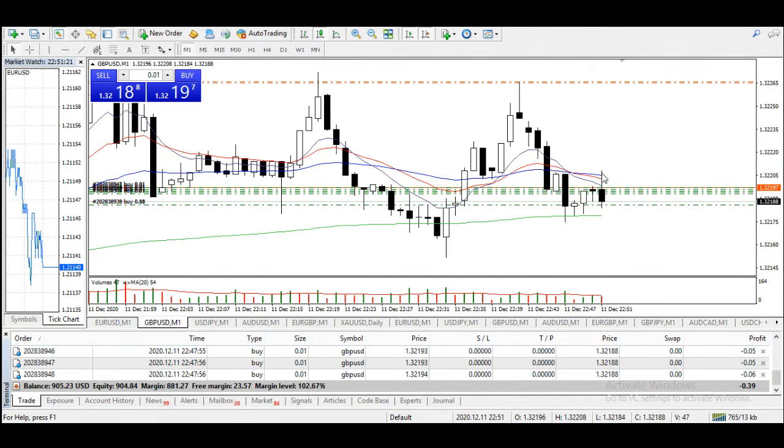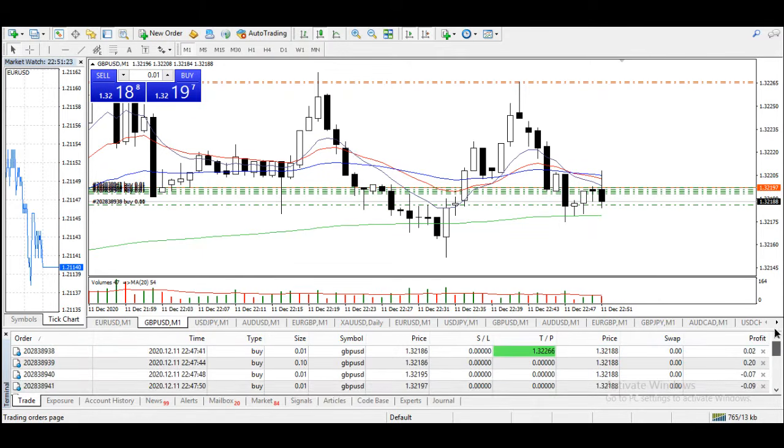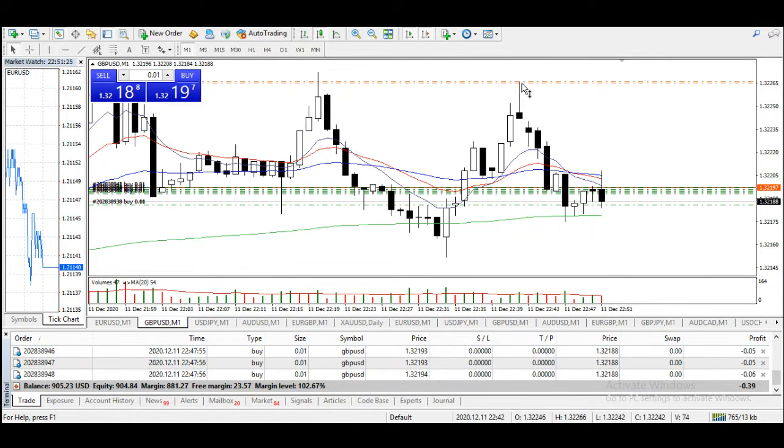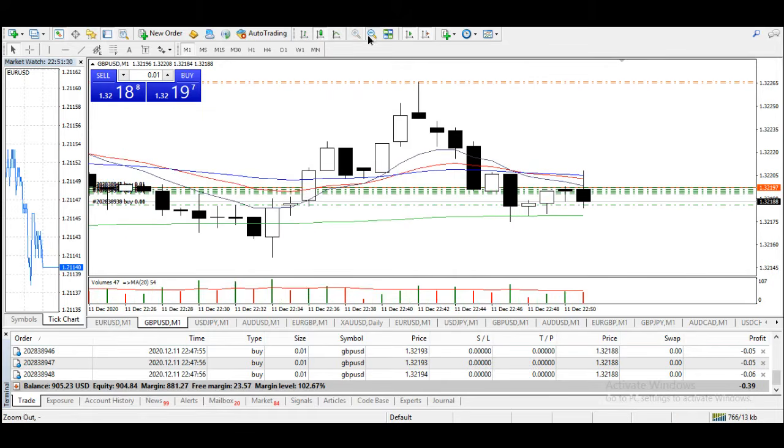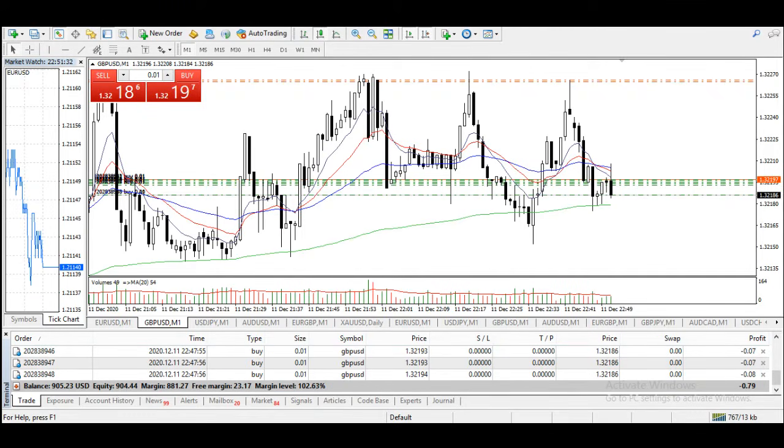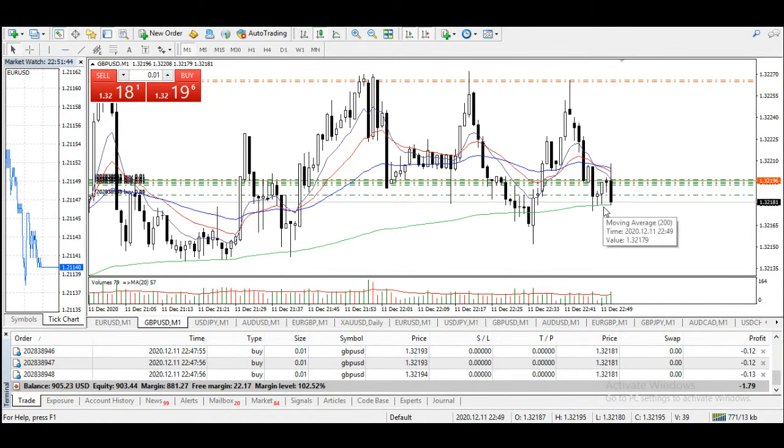So here we are again, waiting for GBP dollar to reach the resistance line. GBP dollar is on the support level, EMA 200, and now will be reaching the resistance line.